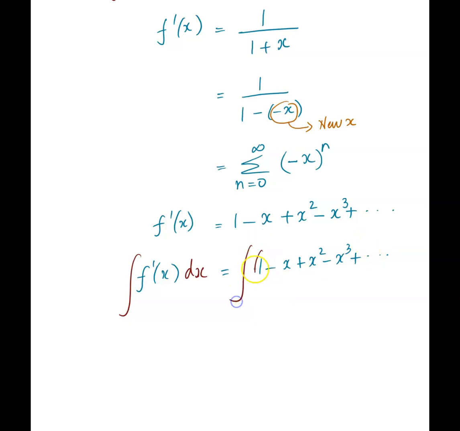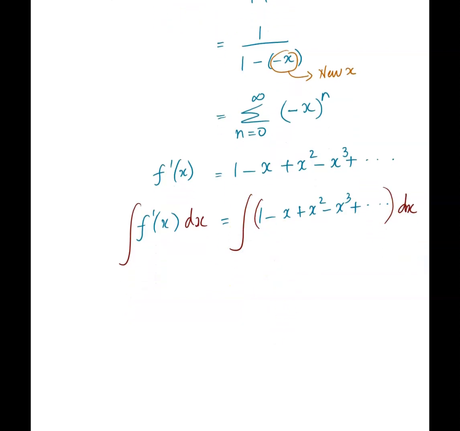If I were to apply the integral on both sides, now we will take the integration term by term. Integral of 1 dx, integral of dx, right? That will be x, minus the integral of x dx, which is x squared over 2, plus the integral of x squared dx, which is x cubed over 3.